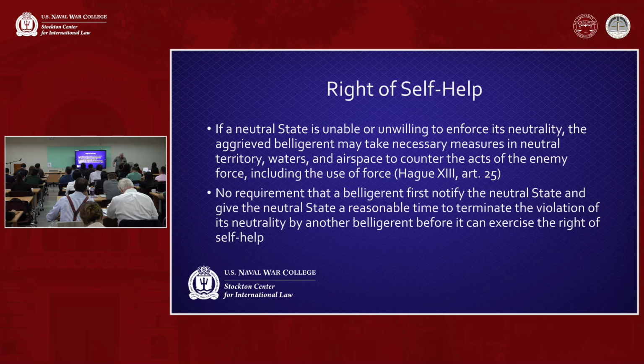Then can China attack that warship in the Strait of Malacca because the neutral states are either unable or unwilling to force the belligerent to stop using the strait as a place of sanctuary? And there's no requirement to notify the neutral state in advance that you're going to use force to enforce your right of self-help.